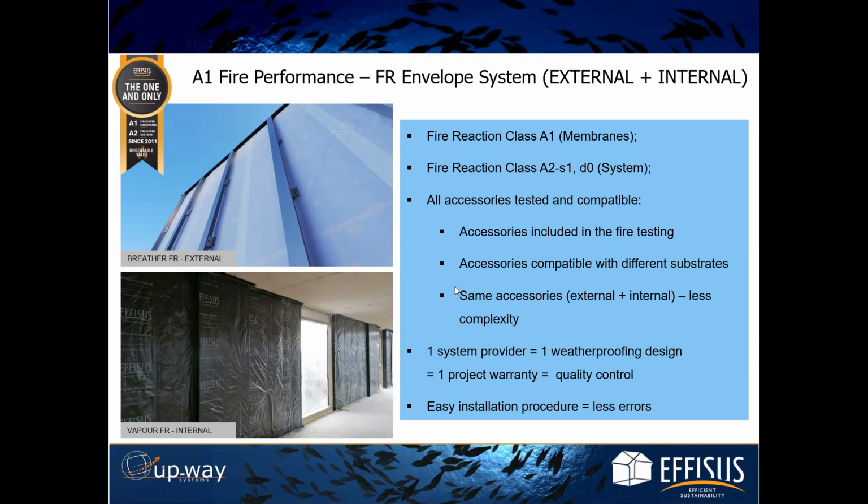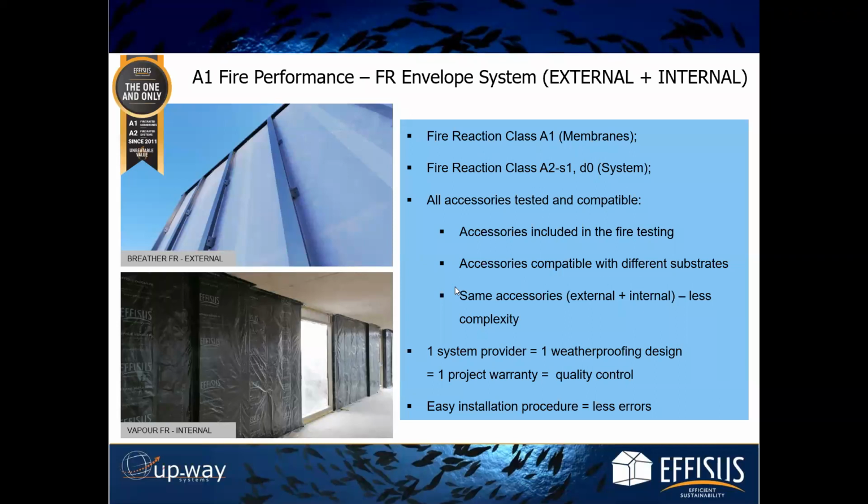Also, an advantage of using these accessories, in addition to what I said, is that accessories were included in this fire test. We have tested these with different substrates, mainly used in the UK, so the accessories are compatible with many different substrates. This is also a less complex system because the accessories used for the external face of the facade are the same for the internal face.